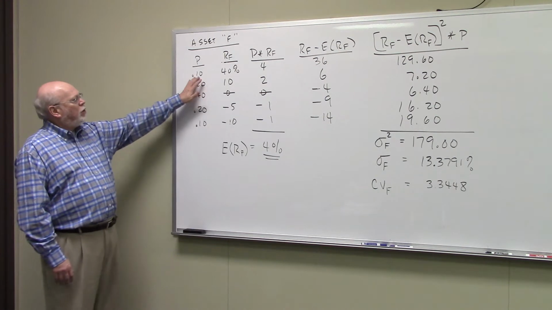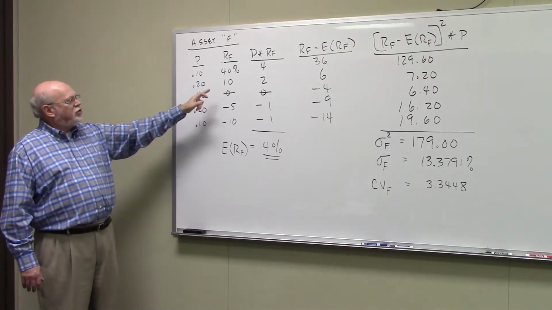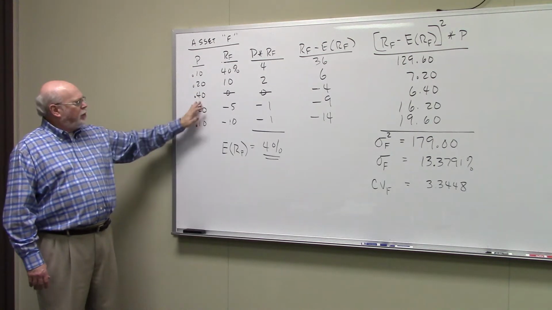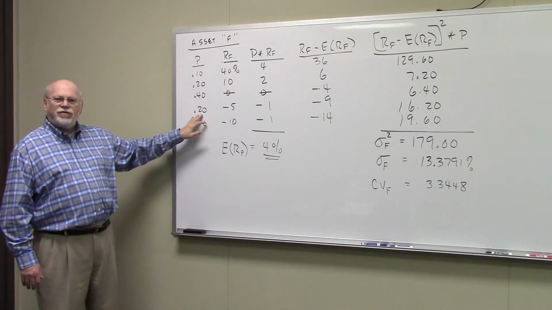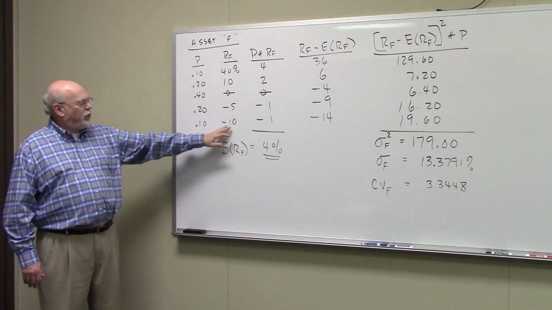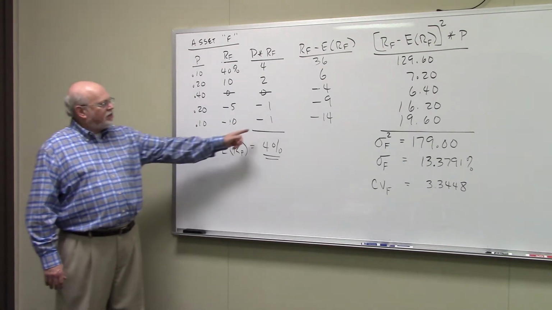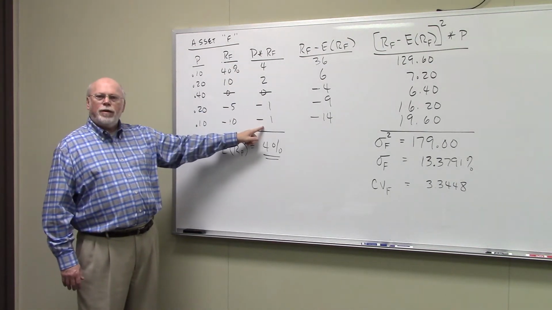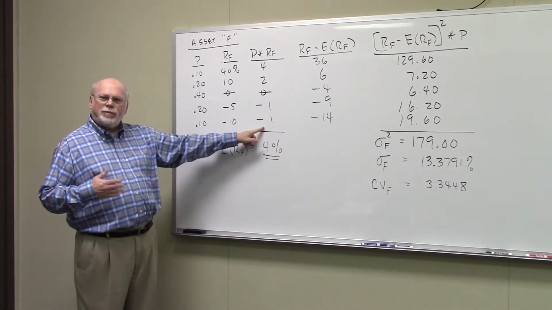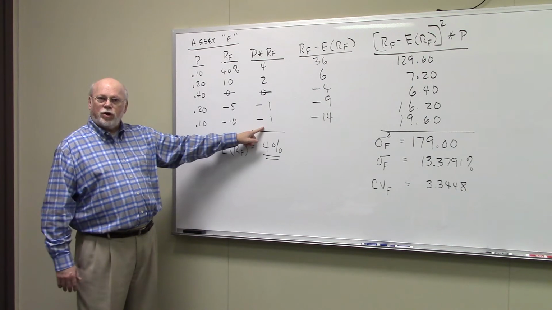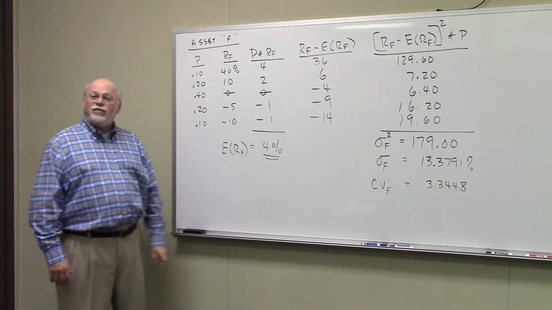So if we take 0.1 times 40%, we get 4. 0.2 times 10 is 2. 0.4 times 0 is 0. 0.2 times -5 is -1. And 0.1 times -10 is -1. This column right here now, these are the products. This is the result of us multiplying each observation by its probability of occurrence. And if we sum those observations, in this problem we get 4%.